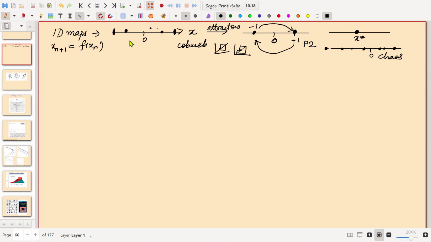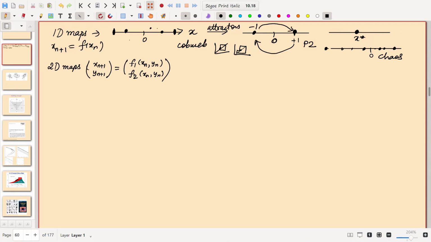It becomes interesting when your dimension increases. Now if I tell you about 2D maps, these are pretty interesting. Why? Because instead of one variable, you will have two variables, that is x n plus 1 and y n plus 1, with some f1 of x n, y n and some f2 of x n, y n.